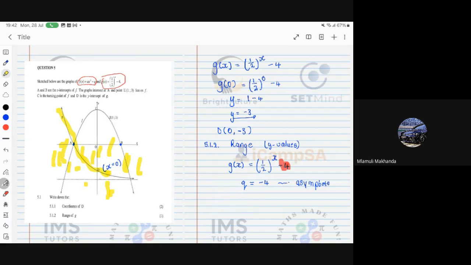It doesn't exist below that -4, so the values of y for this function will be only above the asymptote. So y is greater than -4, not greater or equal to, but just greater than -4. So this is our range.